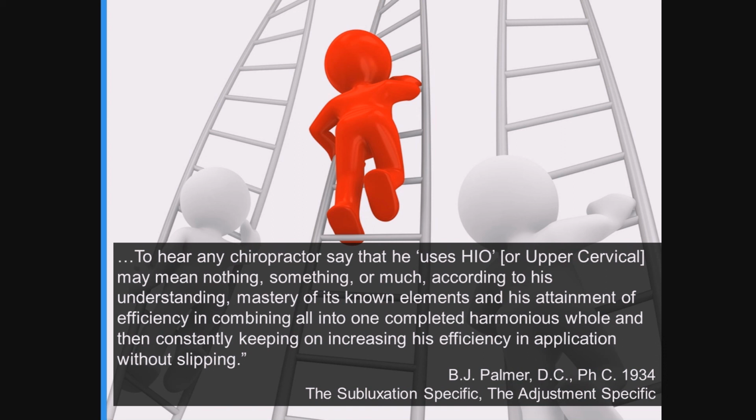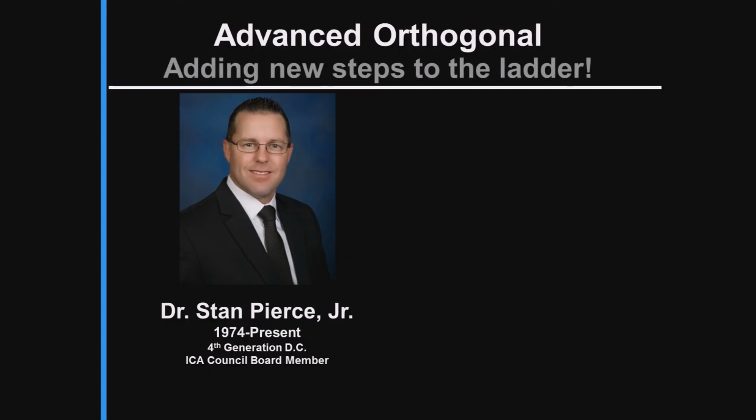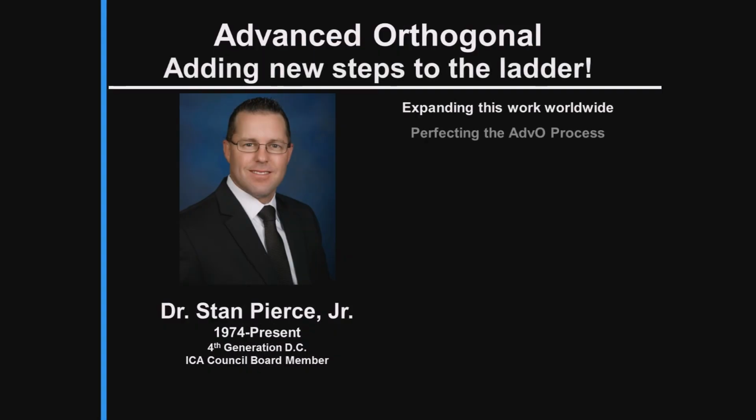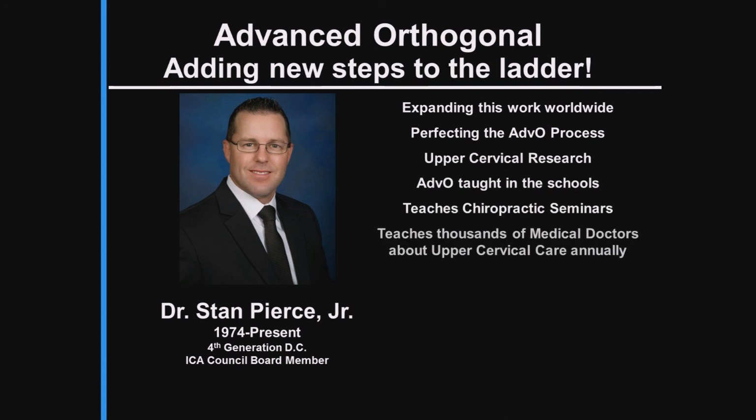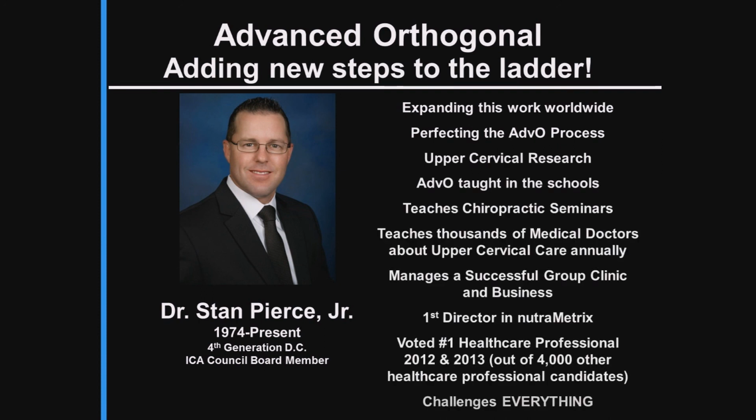You'll notice early on in his statement, he said, as advancements and improvements evolve, new steps are added to the top. This falls in line with the mentality of advanced orthogonal chiropractic care. This technique is focused on challenging the status quo in both healthcare and in chiropractic.